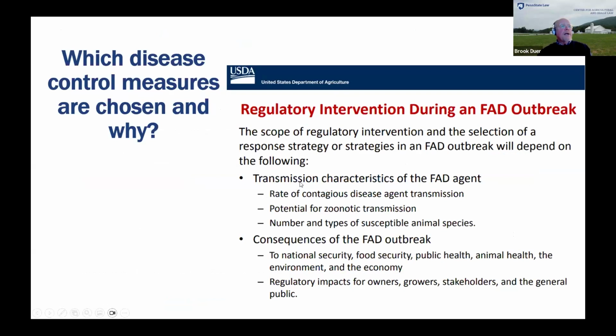Things like the transmission characteristics of the disease and the consequences. Does it kill the animal or doesn't it? How closely packed are these animals when they're being raised, and how close are they to the neighbor's animals? In other words, are they housed and contained in a finite area where there isn't as much free transmission potentially? How would it get to a neighbor, and how hard is that process?